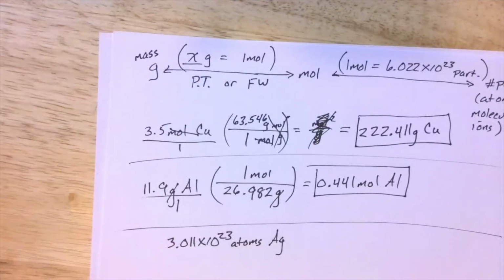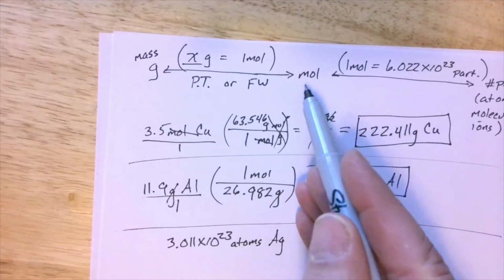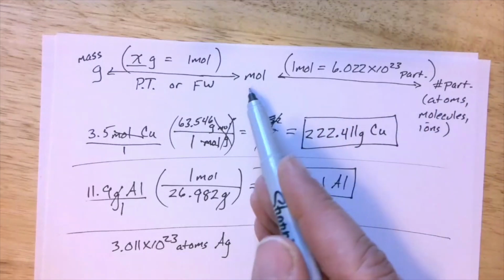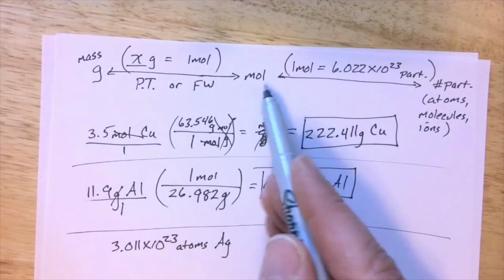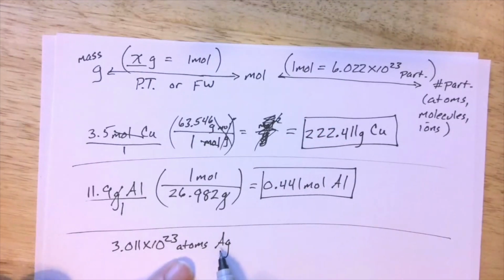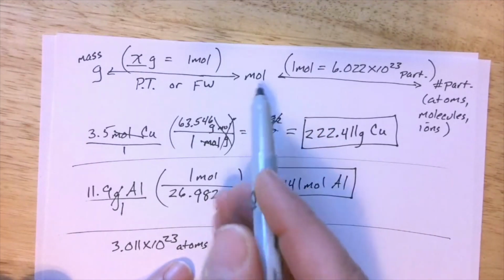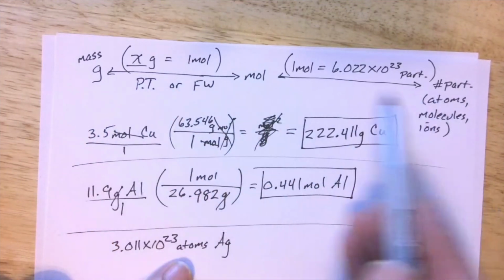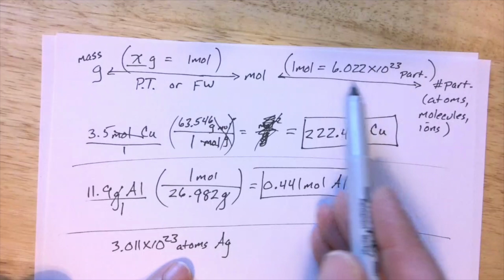So if you look at the problem, I want to go from number of atoms to number of moles. So this time I have to use this conversion here. The fact that this is silver does not matter because I'm not going to grams. So I'm only dealing with this part, which we already have the information for over here.